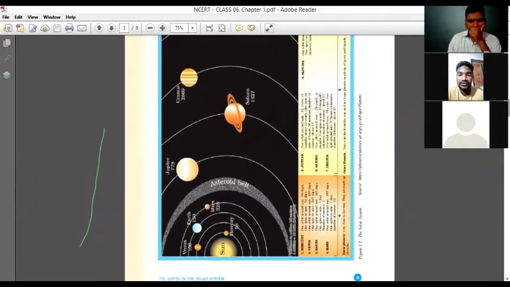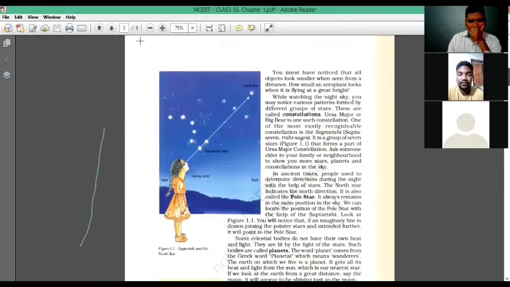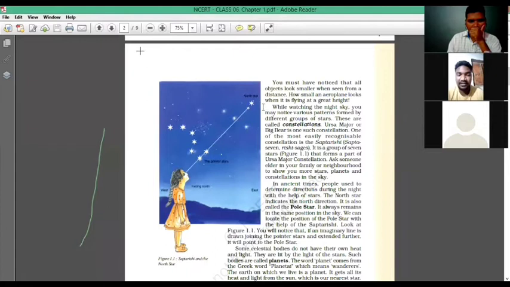You can go up and show the students that there are different patterns of stars in the sky. You might have identified different patterns of the stars, and that is called a constellation, the pattern of stars.